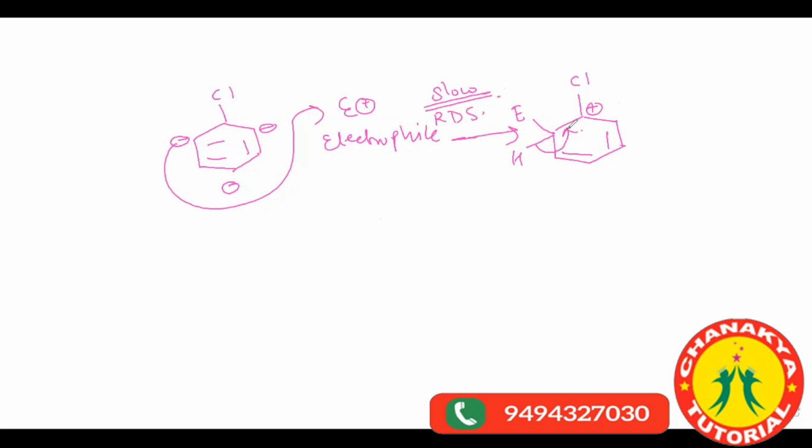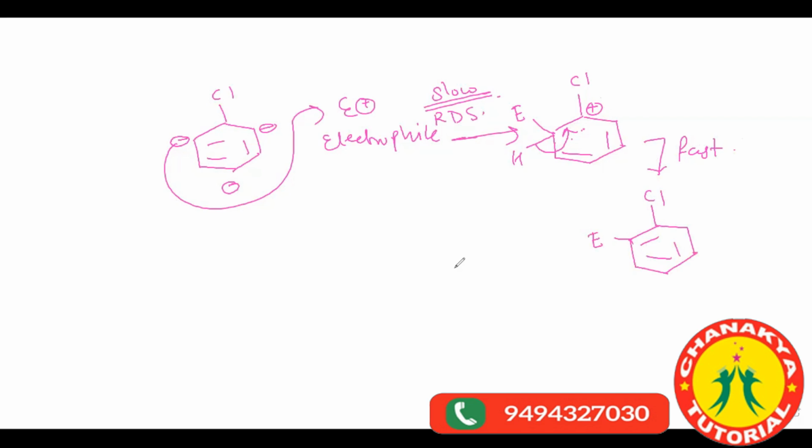And hydrogen would lose its electron to form a double bond, to satisfy this positive charge. This step is a fast step, and this is called aromatization. You will get this one, with the electrophile, and this would be your chlorine. We learned about it in hydrocarbons. Clear? Understood? Fine.